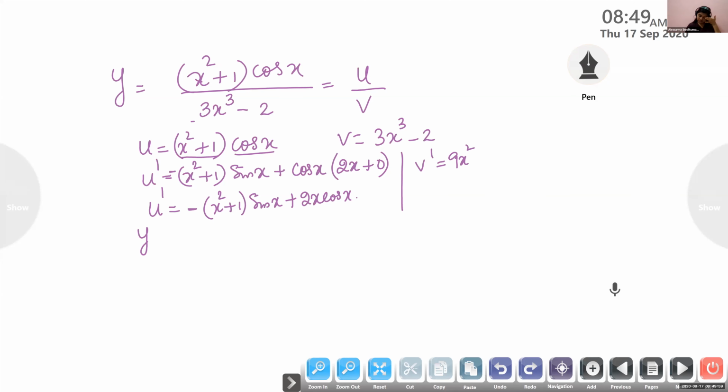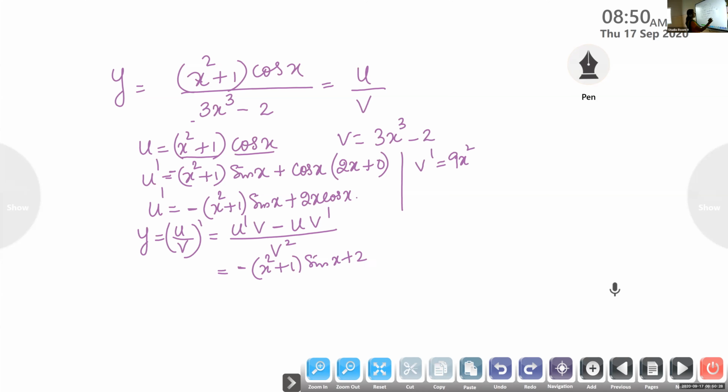Now apply the rule. Y is equal to u by v the whole dash, which is equivalent to u dash into v minus u into v dash by v square. So what is u dash? Minus of x square plus 1 into sin x plus 2x cos x, into v, 3x cube minus 2, minus u into v dash.